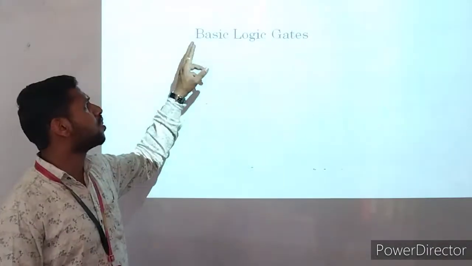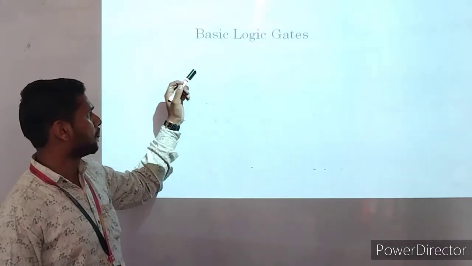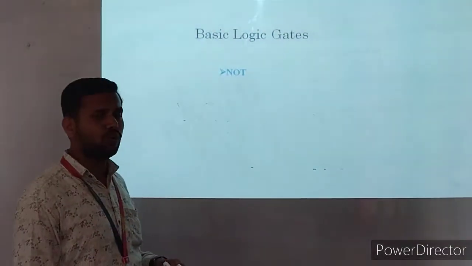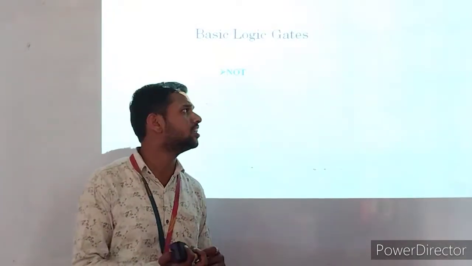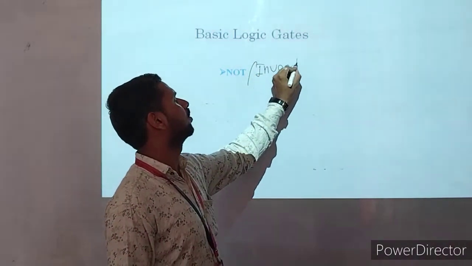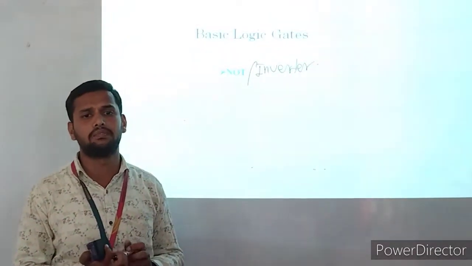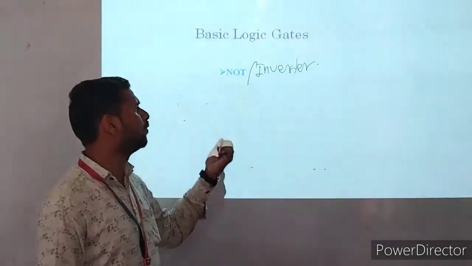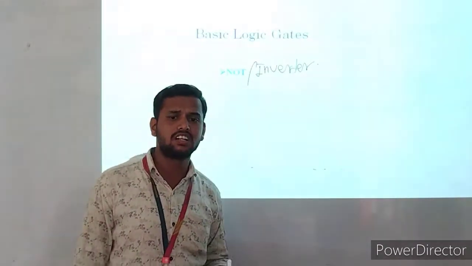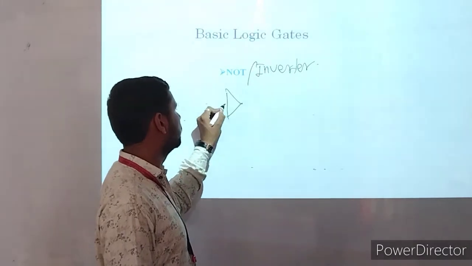Next are the basic logic gates. First is the NOT gate. What is the function of the NOT gate? The NOT gate is also known as the inverter or complement gate. The function of the NOT gate is the complement. It is a one input and one output gate, as can be seen on the screen.